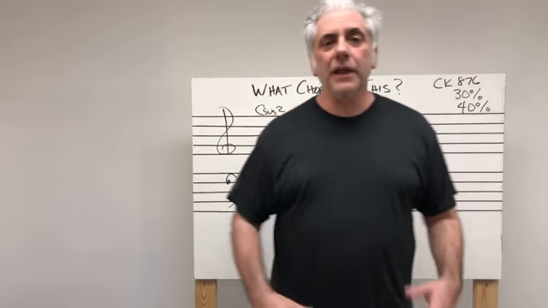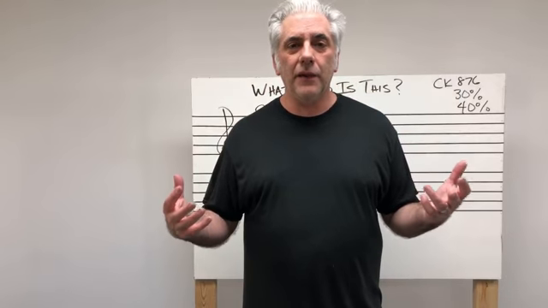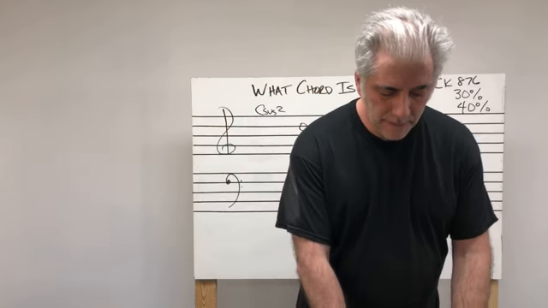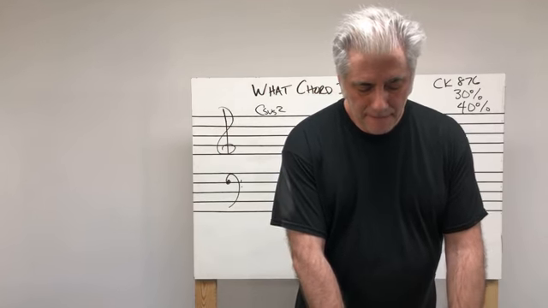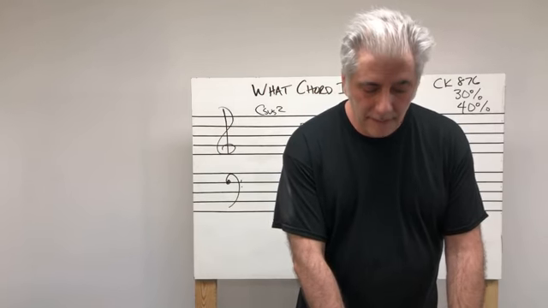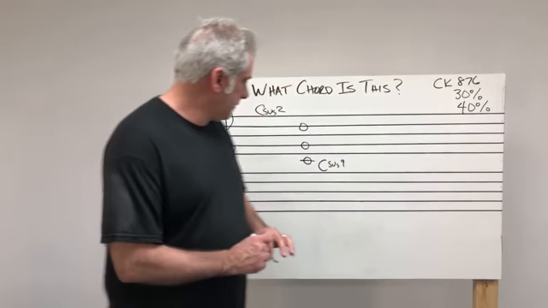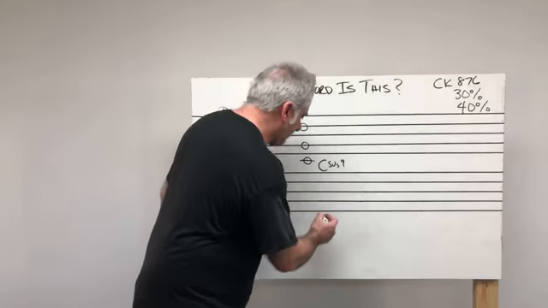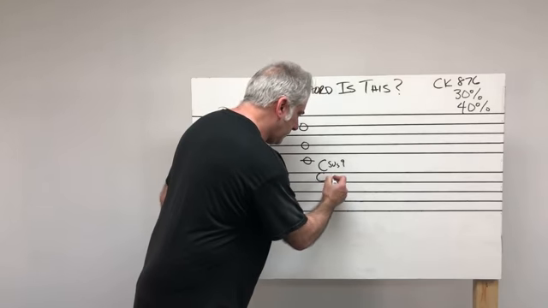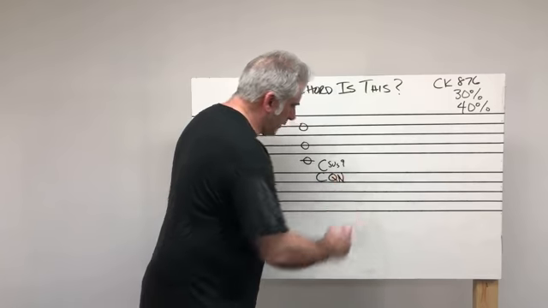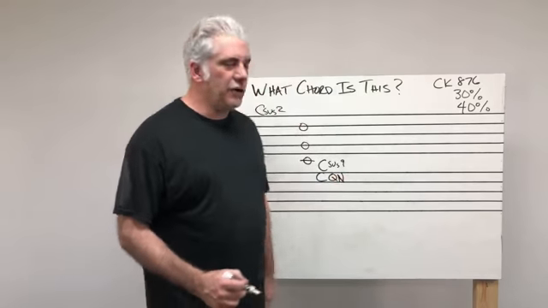Or you would call it a C sus2 spread triad. But I call it either a C sus 9, or I call it C quintal. I use QN.